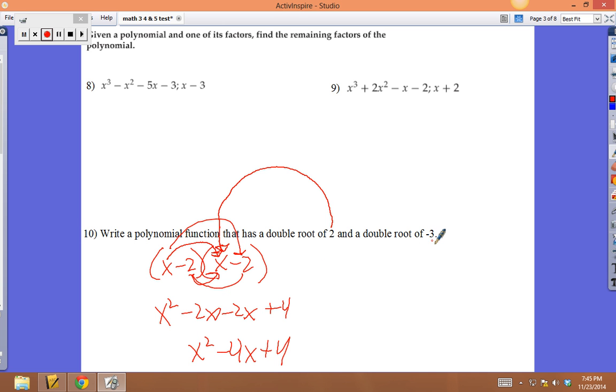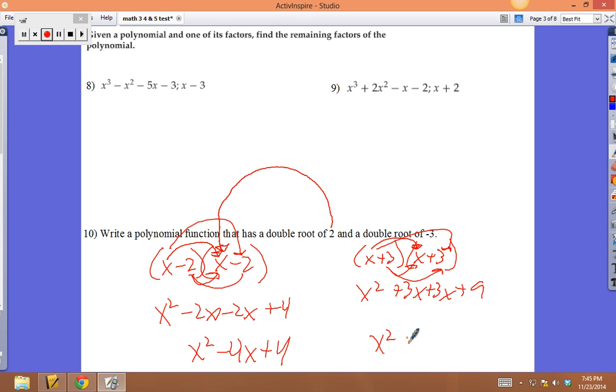The polynomial that gives me a double root at a negative 3 is x plus 3 times x plus 3. And if I distribute that forward, it will give me the polynomial x squared plus 3x plus 3x plus 9.